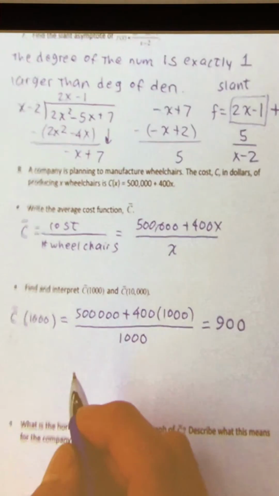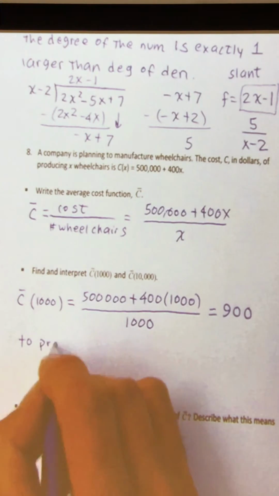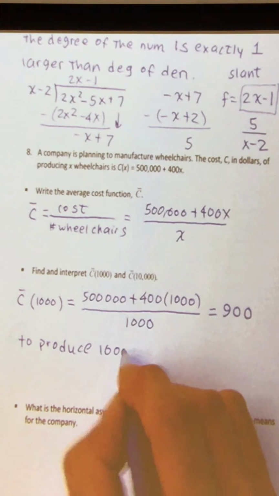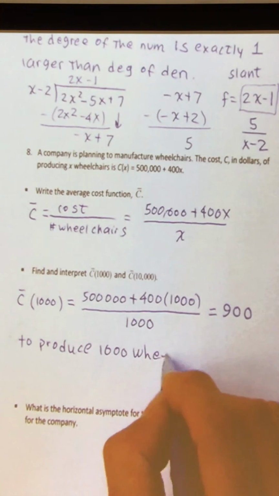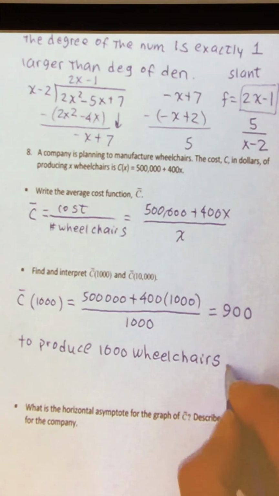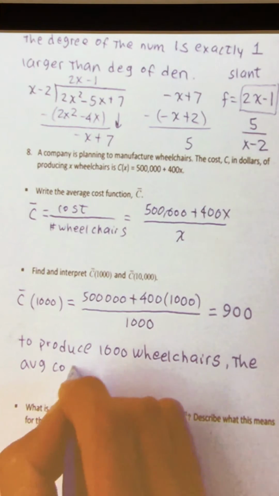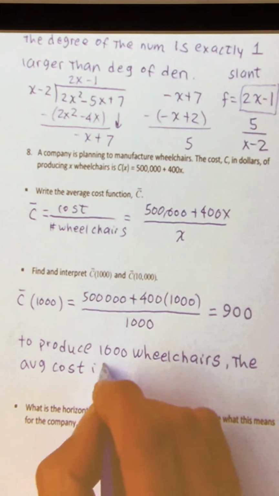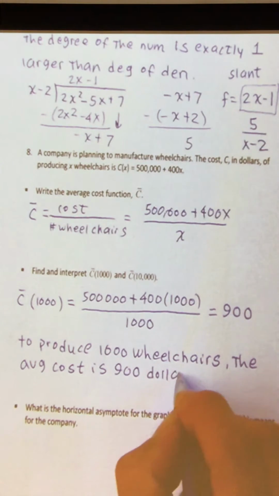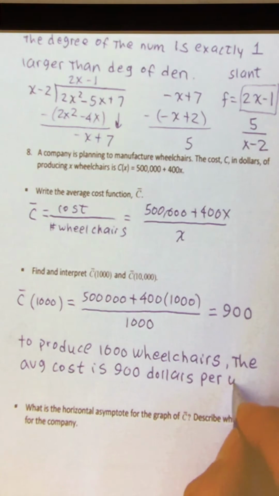So this means our interpretation is that to produce 1,000 wheelchairs the average cost is 900, and the units are dollars per, or meaning for each, wheelchair.